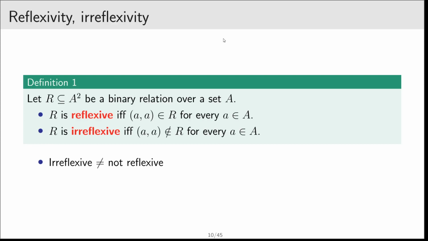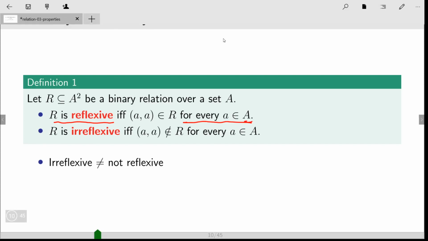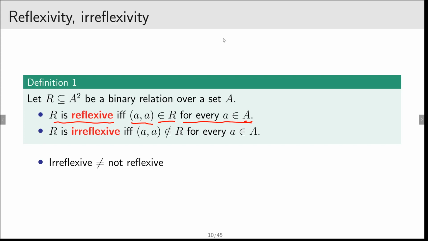Then we say that R is reflexive if and only if for every element a of A, the pair (a, a) is in R. So every element of the set is related to itself. If that is satisfied, then R is reflexive.